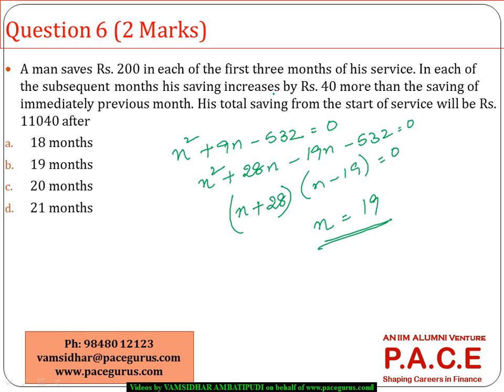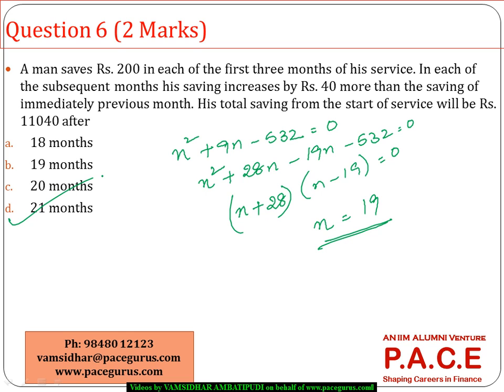But let's remember that the sum of the first 19 terms is becoming equal to 10,640, but I have to add the first two terms also. So overall, at the end of 21 months, the amount is touching 11,040.